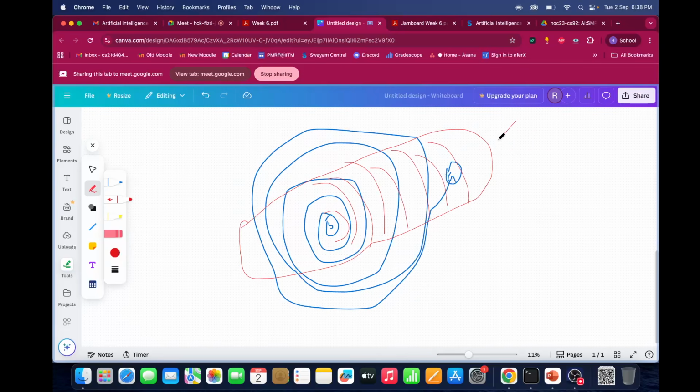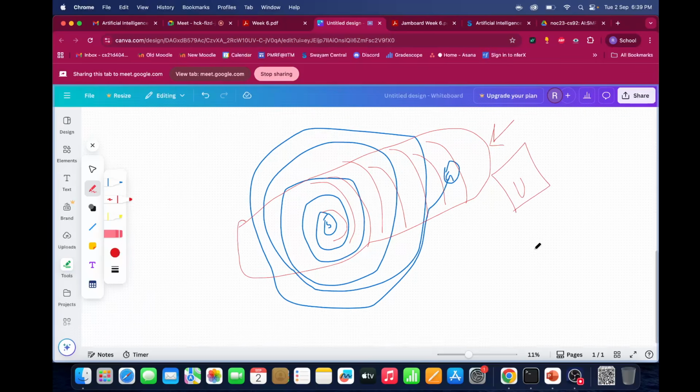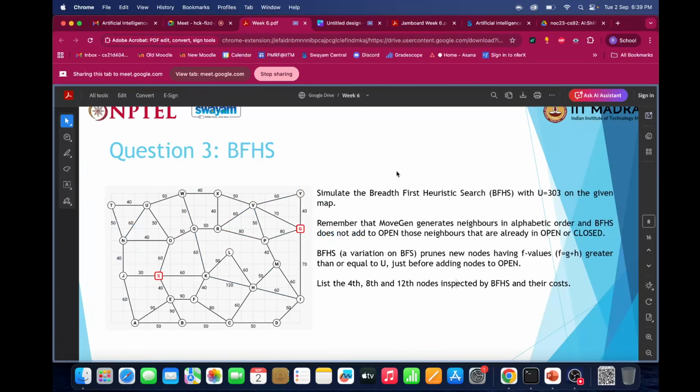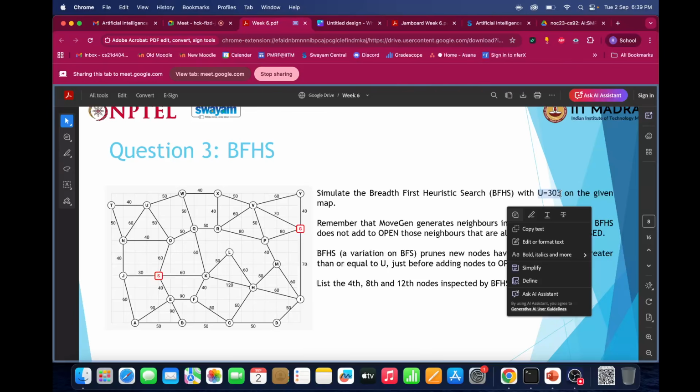How do we decide this threshold? That is given by this u, the upper bound, which can be calculated in a number of different ways. For this question, let us assume that some oracle or external entity has supplied us this upper bound, and usually in the questions in this course it will also be supplied.